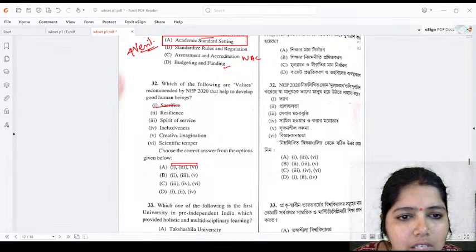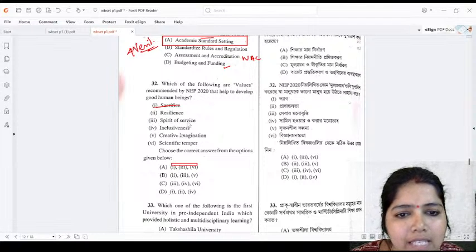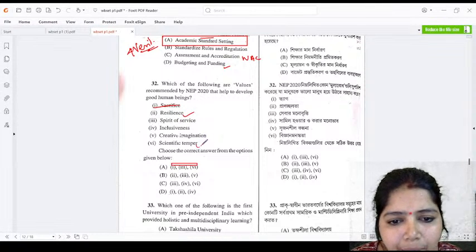The right answer is that resilience and scientific temper will be there.